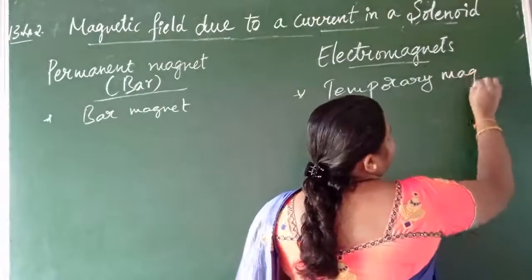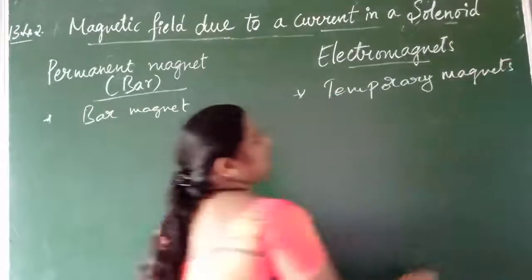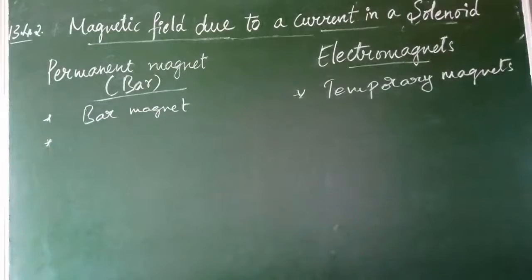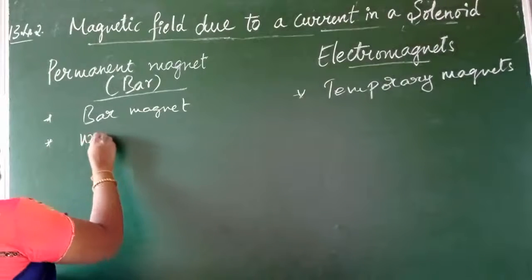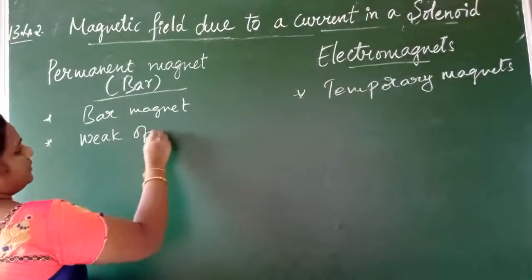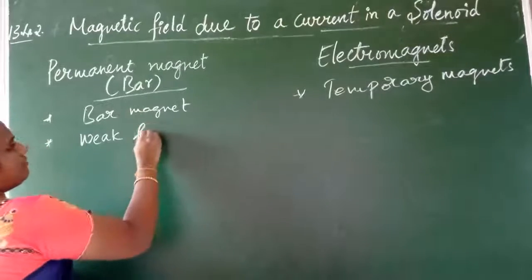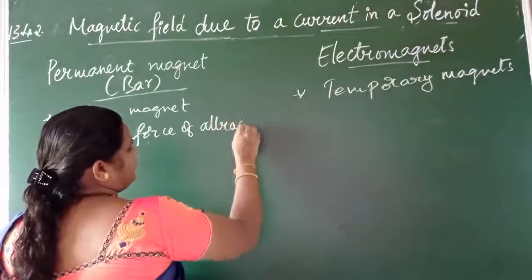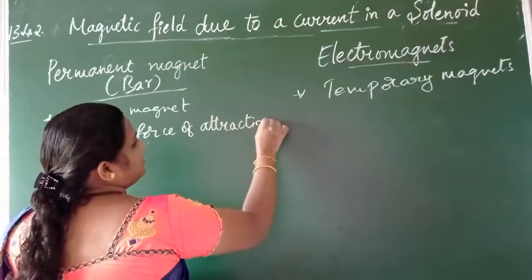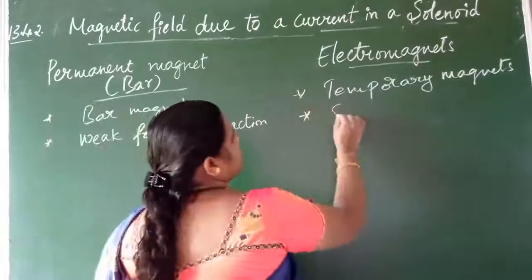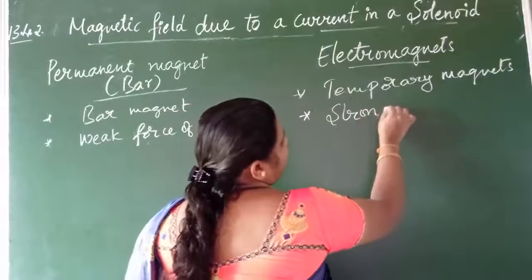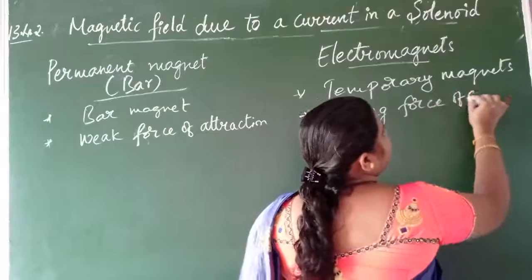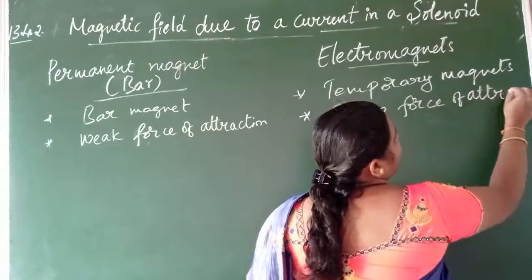Temporary magnets. So next, here we can find a weak force of attraction, whereas here a strong force of attraction can be formed.